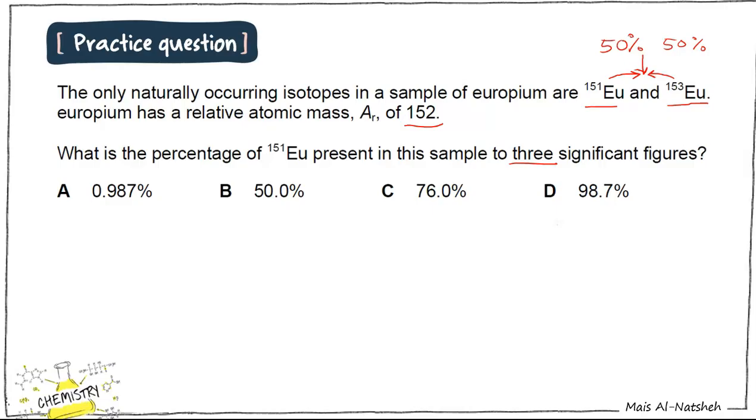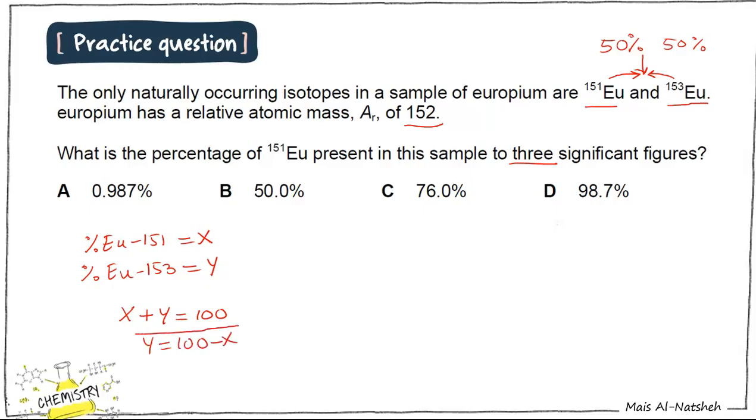Now, to confirm this, you can do your calculations. You can assume that the percentage abundance for europium-151 equals X, and the percentage abundance for europium-153 equals Y. Now, X plus Y will equal 100. You can rearrange the rule to say that Y equals 100 minus X. Keep this equation, we will use it later.